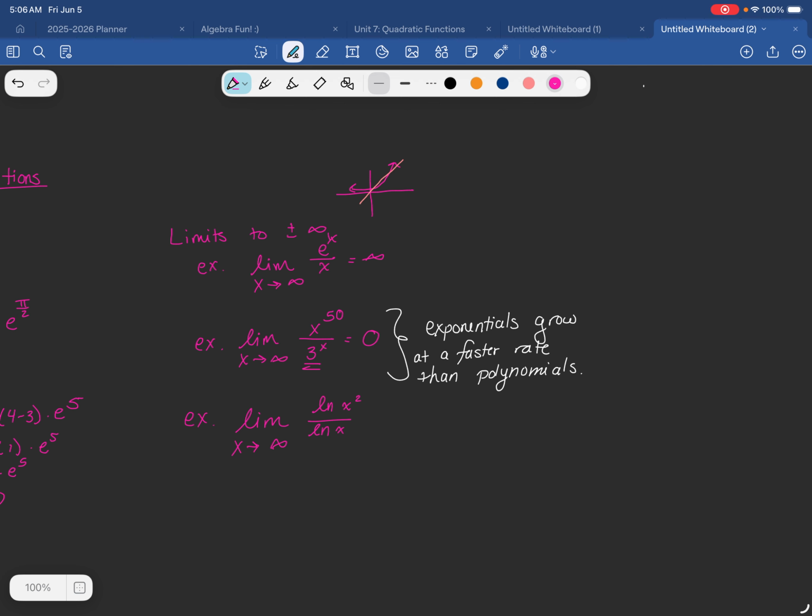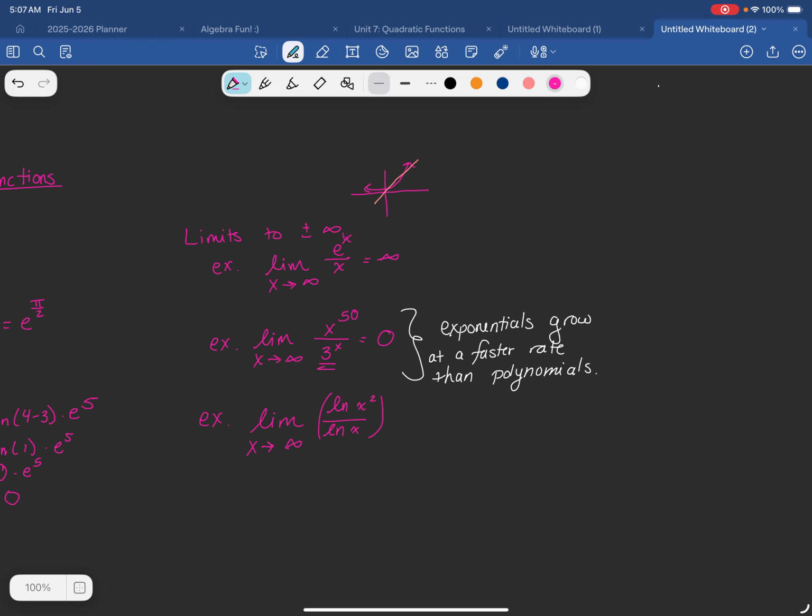All right, so for this guy, we can use our properties of logs to simplify these when we can. So notice this isn't the natural log of x squared over x. It's the natural log of x squared over the natural log of x. So I can't use my quotient property, but I can use my power rule for this numerator.